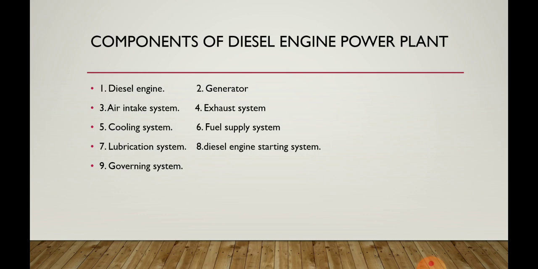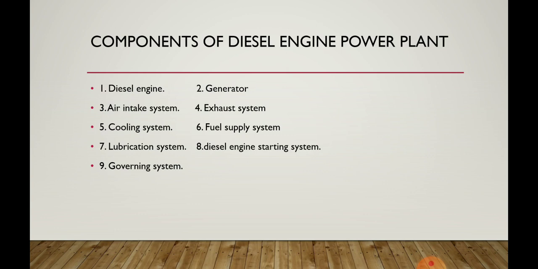Here are the important components of the diesel engine power plant. The first one is the diesel engine. The diesel engine is the main component that generates mechanical energy from the heat energy obtained by burning the diesel fuel.